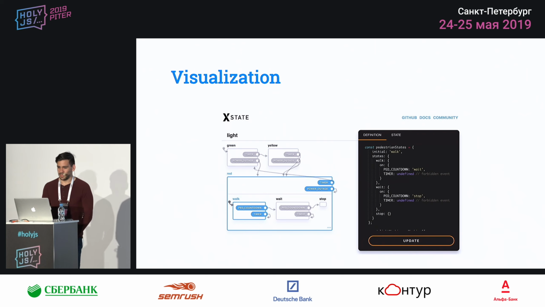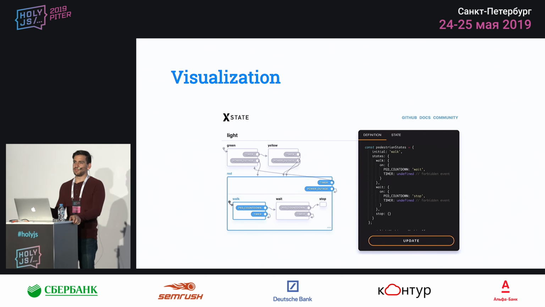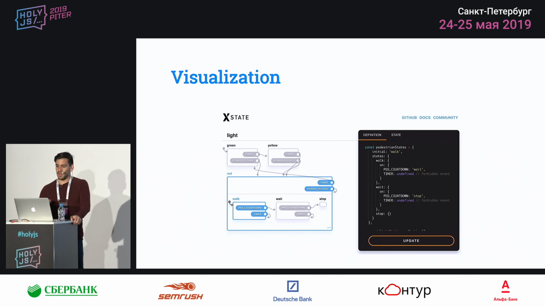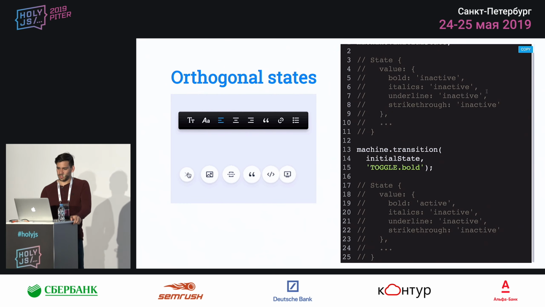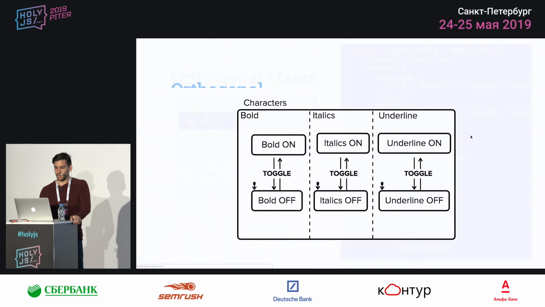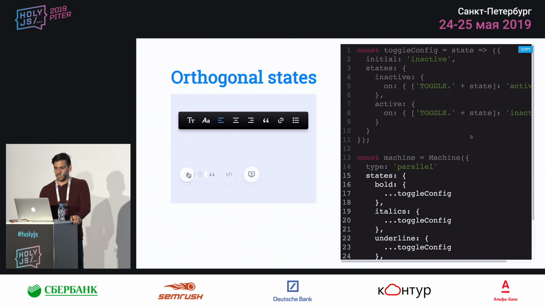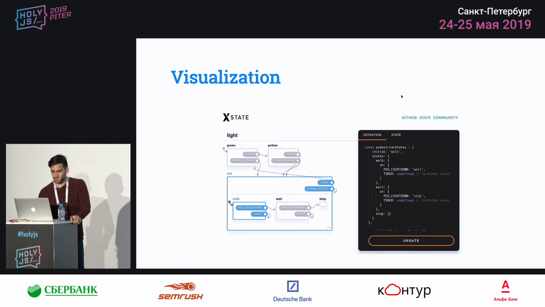So I showed you a previous visualization tool that I made, but there is a newer one, and I'm actually going to update it pretty soon. This visualization tool actually allows you to copy and paste those machines that we saw over here, like this one or the previous one, and put them in the tool.